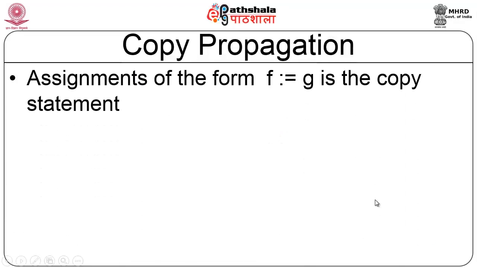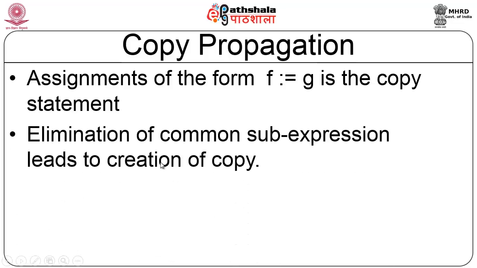Now, the next optimization is copy propagation. Assignments of the form f colon equal to g is a copy statement, where elimination of common sub-expression leads to creation of copy.